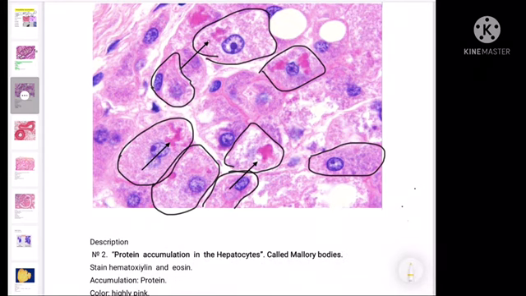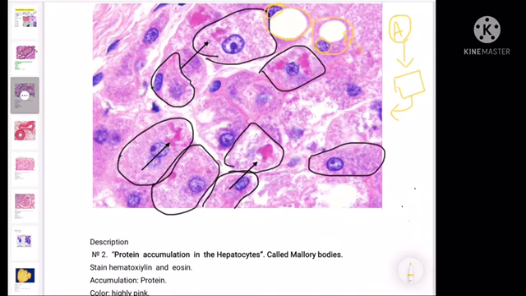Now, if they have given a history of an alcoholic patient who died, and after autopsy we got the microscopic sample, and upon examination we found such things. So this cell and this cell are also hepatocytes. This one is a nucleus. This one is also a nucleus.